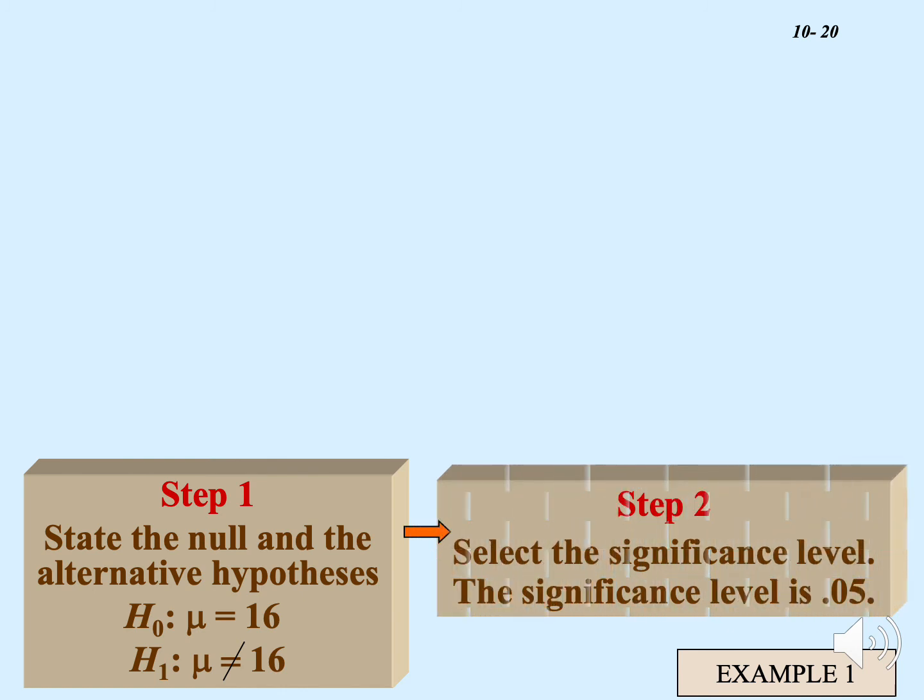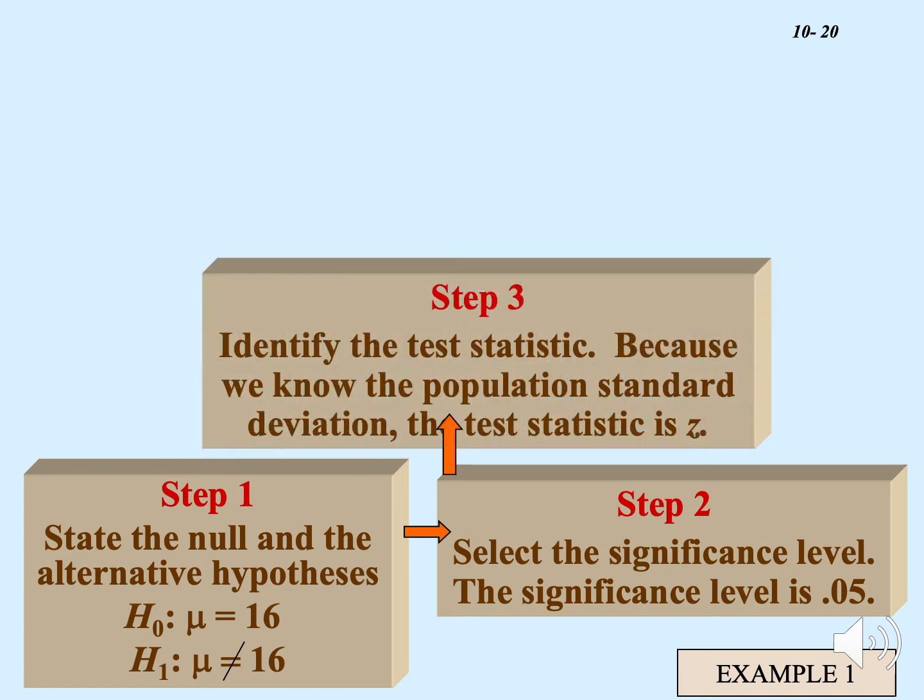Step 2 is select the level of significance. Of course, you're not going to do a lot on that because you always set it at 0.05. Then step 3 is you identify the test statistic. Because we know that the population standard deviation is given, the SD, the mu, and the sample, everything is given, what we're going to use is the Z test.